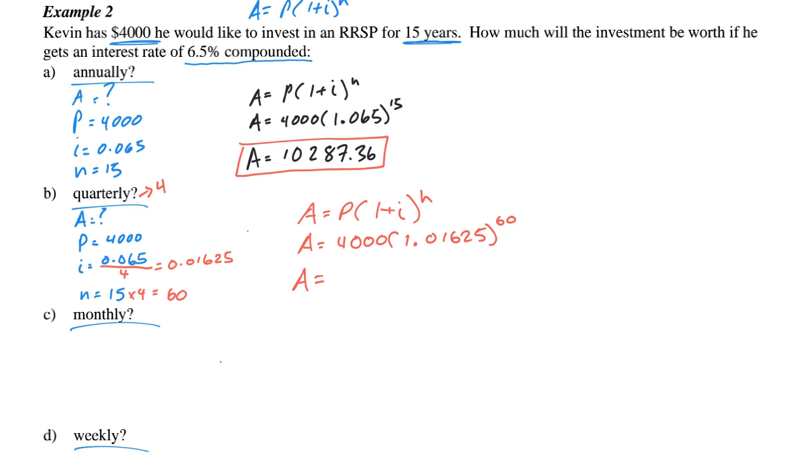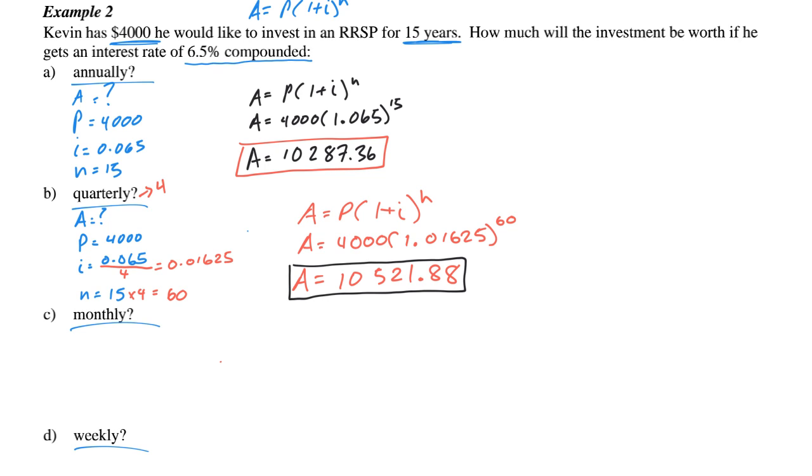In this case, A ends up being $10,521.88. And that's what we get when we have a quarterly interest rate. So now, my question is, what happens when we have a monthly interest rate?